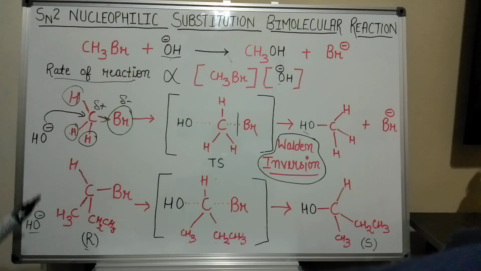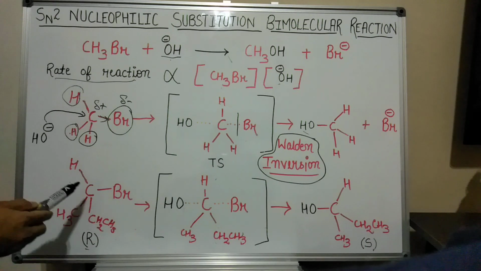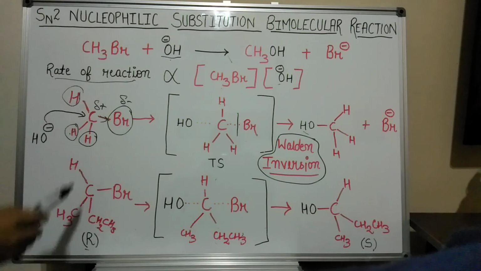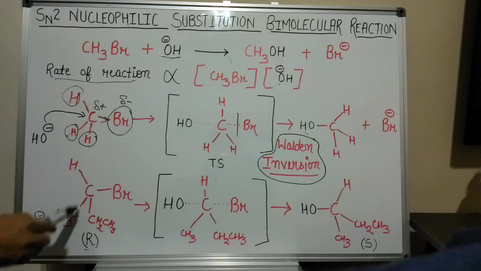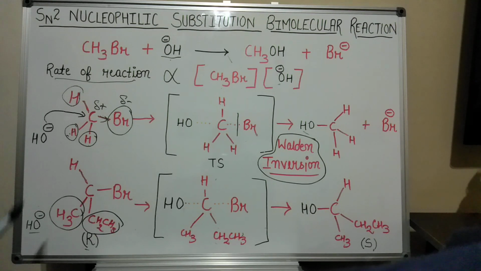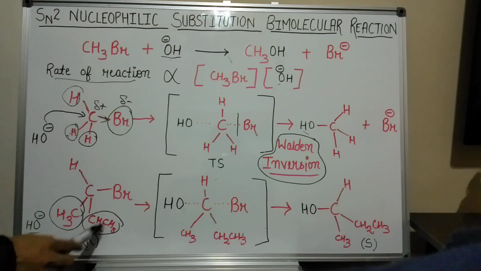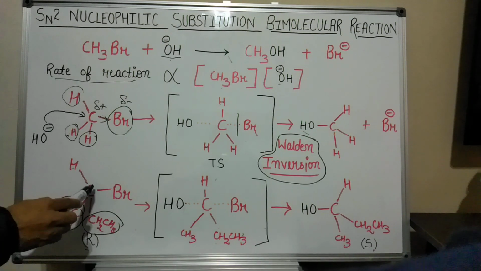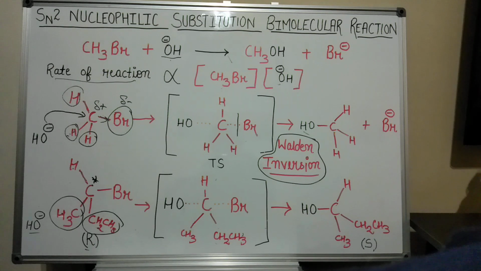To understand it a little bit better, I'm going to show you another example where I have replaced two hydrogens with a methyl group and an ethyl group. And now, because all these substituents are different, this carbon has become a chiral carbon, right?